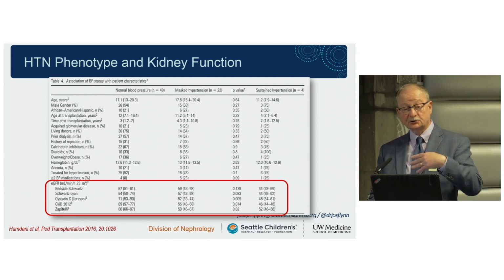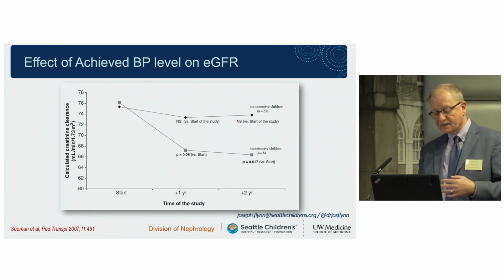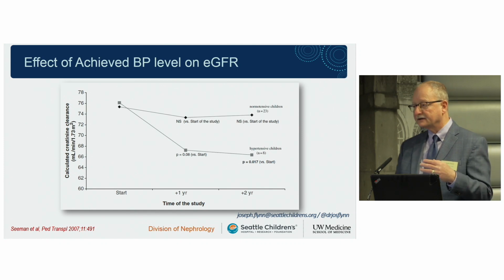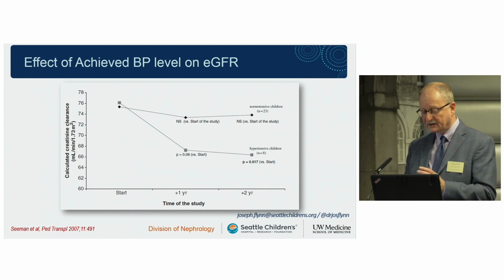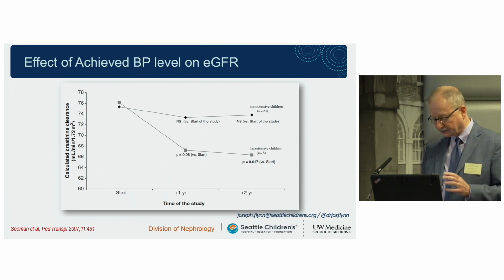So kidney function is worse. And then again, from the Czech Republic, showing you that those who have hypertension over time have worse kidney function compared to those with normal blood pressure.